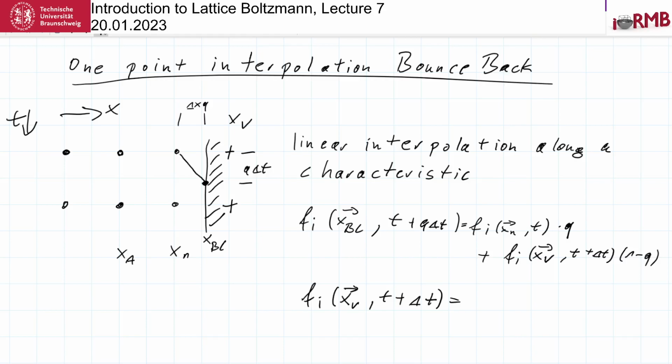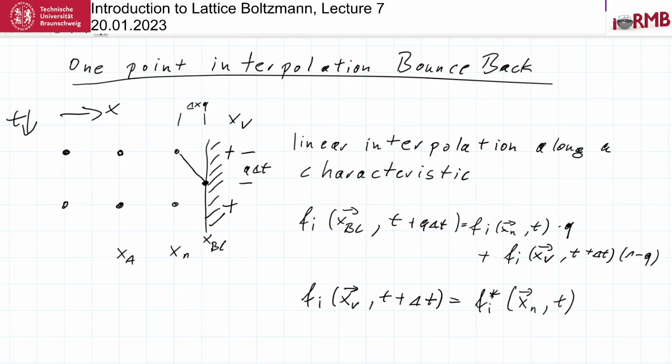Well, we do streaming, and what was the pre-collision state before? Yeah, so then it was the post-collision before. So it was the post-collision at x_n, and at the time before, right?